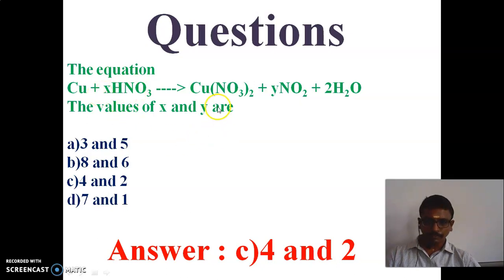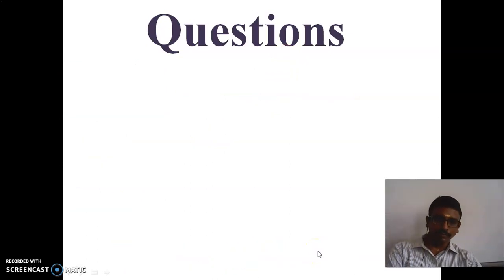If we put 2 here, so how many hydrogen will it become? So here the nitrogen will be 2 and here the nitrogen will be 2, so it will be balanced. So the answer will be 4 and 2.